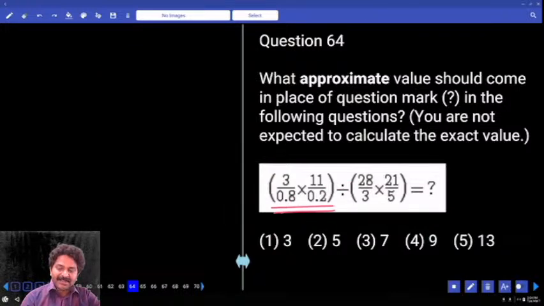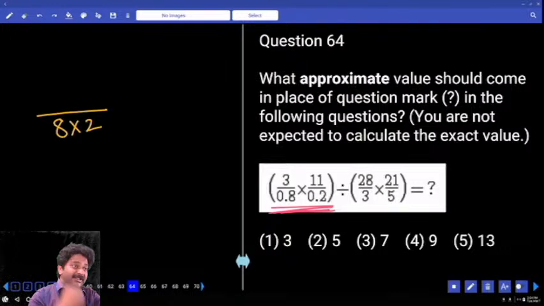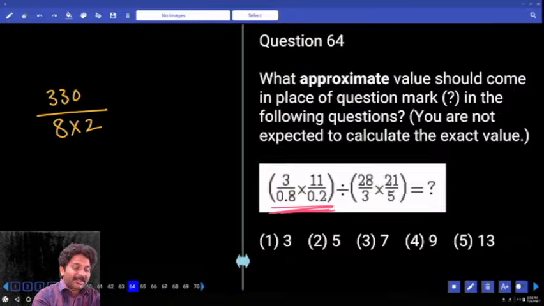Right. So first let me count this one. In the denominator, how many digits are there after decimal? Second number, then product 2. So I want to write my denominator as 8 into 2. So in the numerator, I should take 2 zeros only. Already 3 into 11, 33, and I'll take 2 zeros.